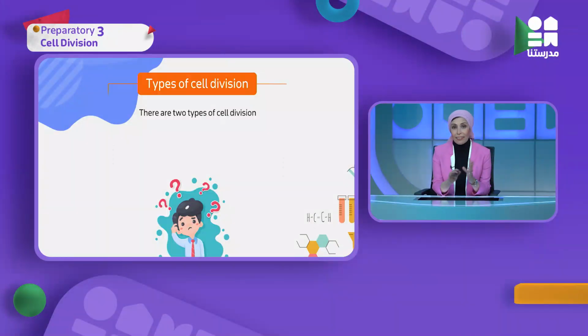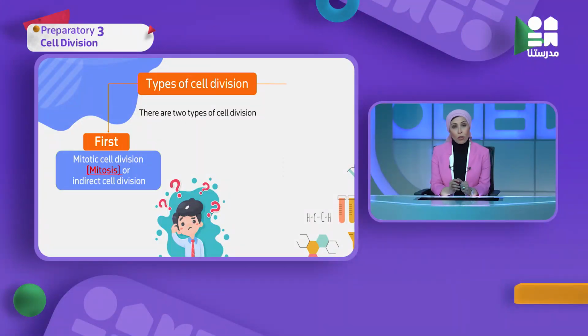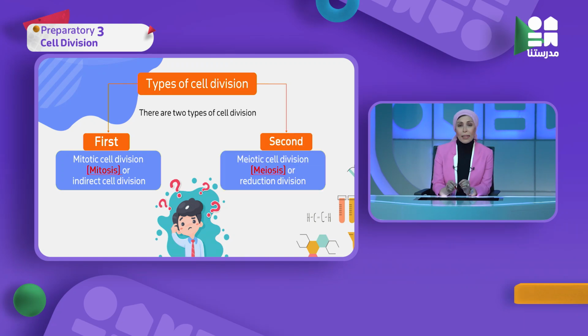Now let's see what the types of cell division are that we will talk about today in detail. We have two main types of cell division in our lives. First is called mitosis, or in another word mitotic division. The second one is called meiosis, or meiotic division.